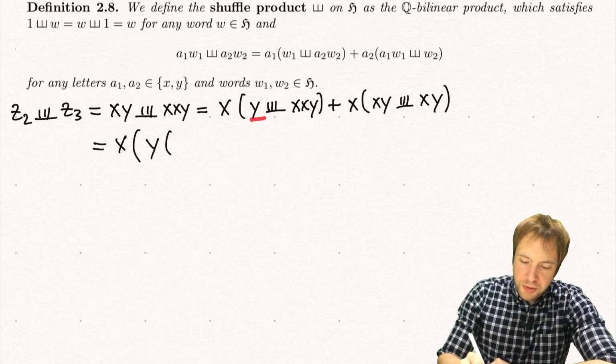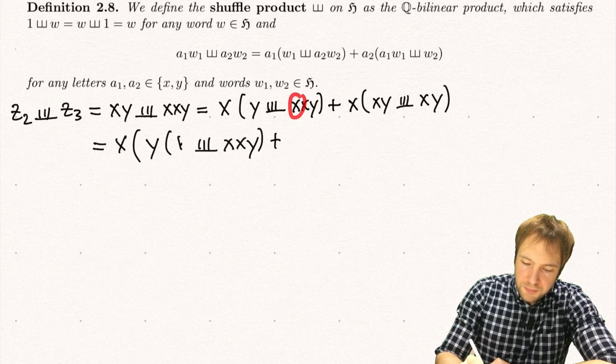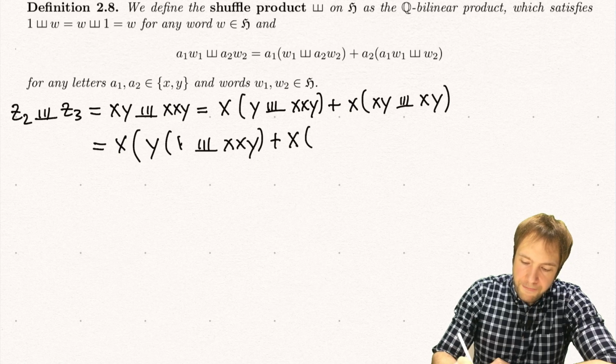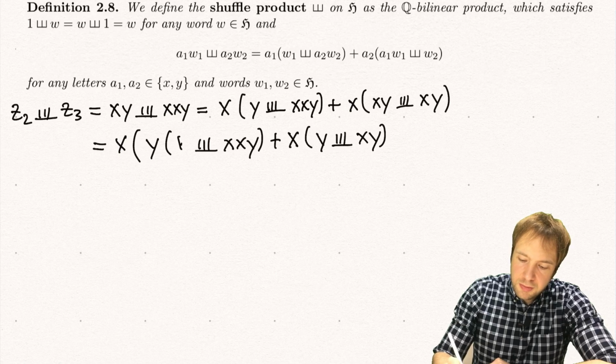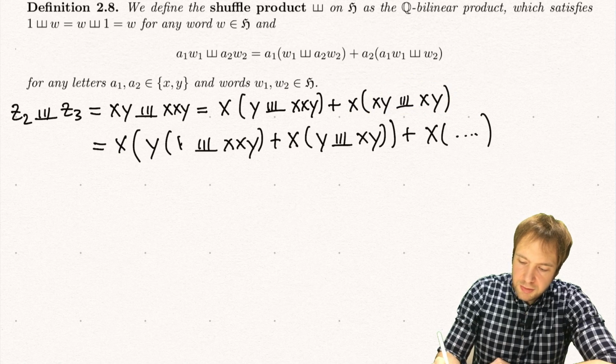And now there's no word left, so we have the empty word shuffle with X, X, Y, plus, and now take the first letter here, so this is X, Y shuffle X, Y, plus X, so here we could do it again, and so on.